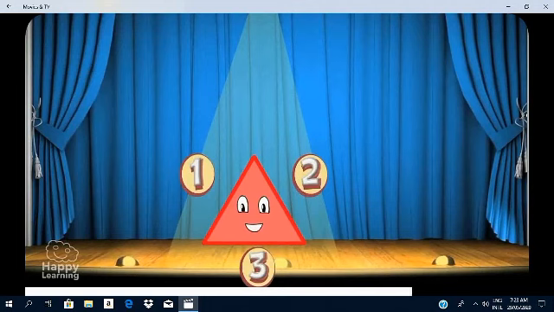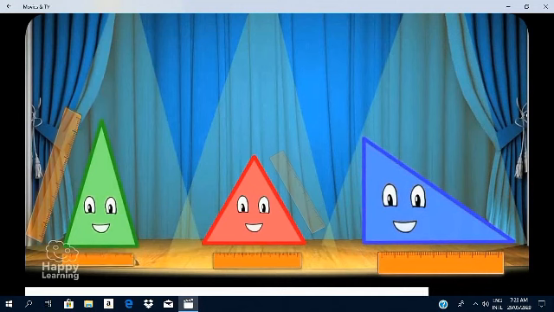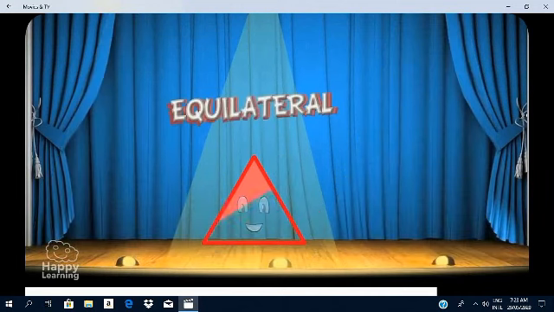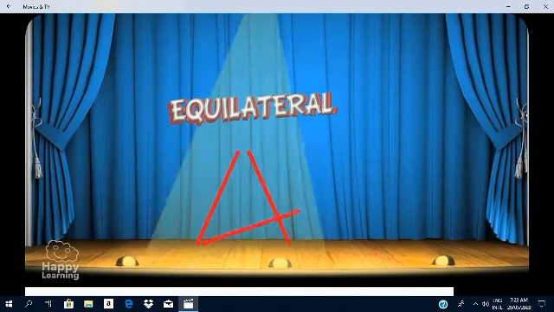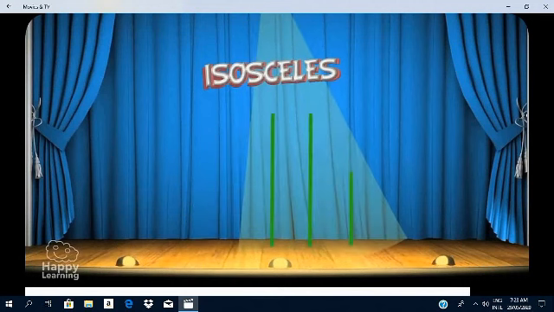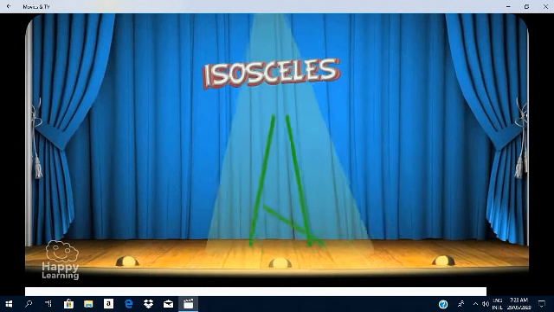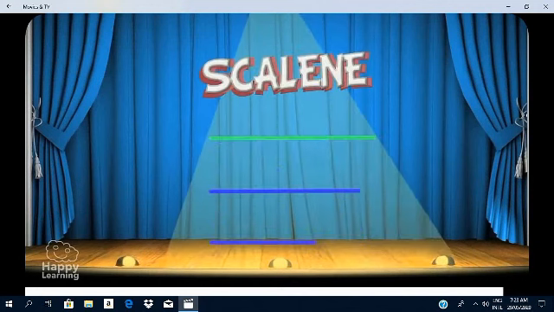A quick recap. Remember, for an equilateral triangle, all the sides are equal because all the sides are the same length. Isosceles, only two sides are equal. Scalene, none of the sides are equal.